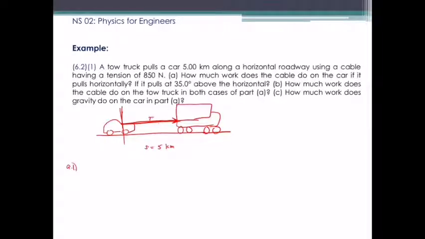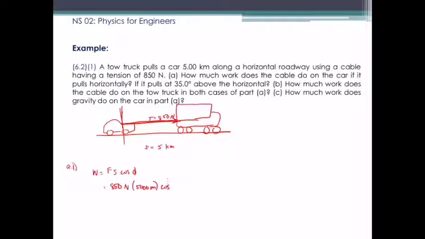The tension is 850 newtons. From the formula of work, we have Fs cosine phi. Our force is this pulling tension, which is 850 newtons. Your displacement is 5 kilometers, so we have to convert this to meters. That is 5,000 meters.